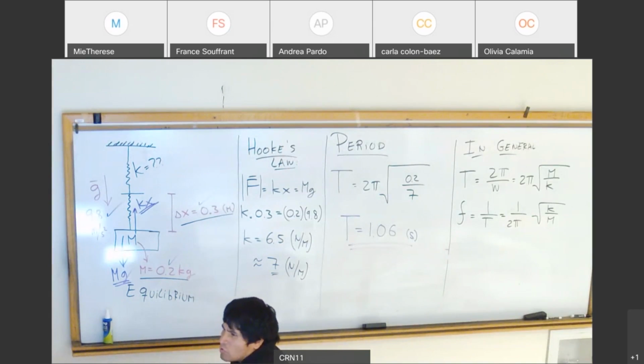All right? They are also in the slides, but in the slides they don't show you where they come from. They just use them. So at least I'm showing you that a simple harmonic motion is a periodic motion. That's why we can talk about period. It goes up and down, up and down. And to get the equations for that, we actually can make the analogy between the simple harmonic motion and circular motion.